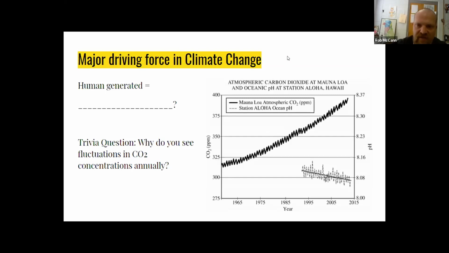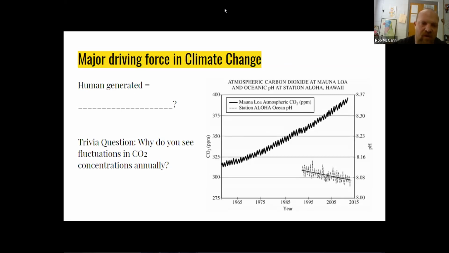So go over to the chat box and tell me, what is the term used to describe this human-generated component? I'm looking for you to define for me human-generated. What is that word that we use that means human-generated?